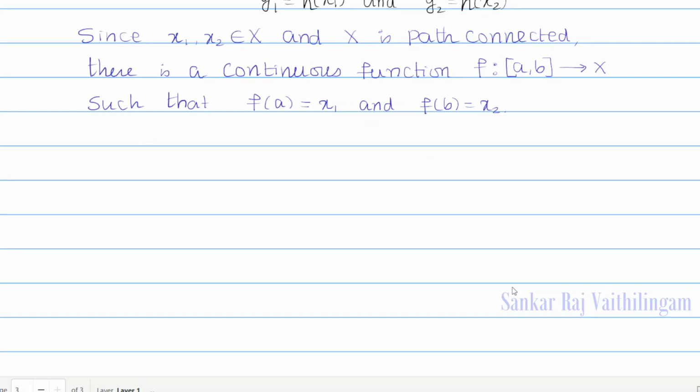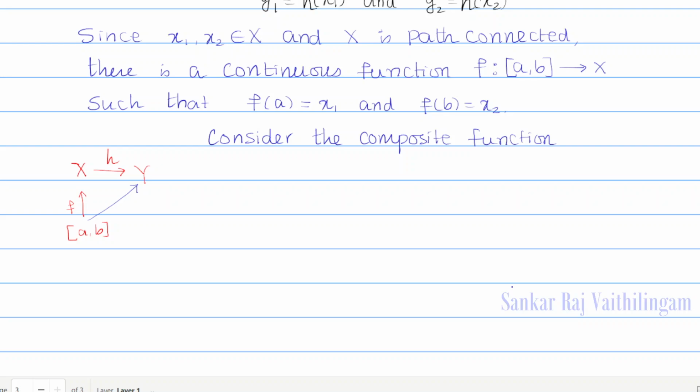Now note this diagram I am making. We have h, a function from capital X to Y, and f, a function from the closed interval a comma b to capital X. Now let us consider the composite map, the composite function from the closed interval a comma b to Y via f and h.